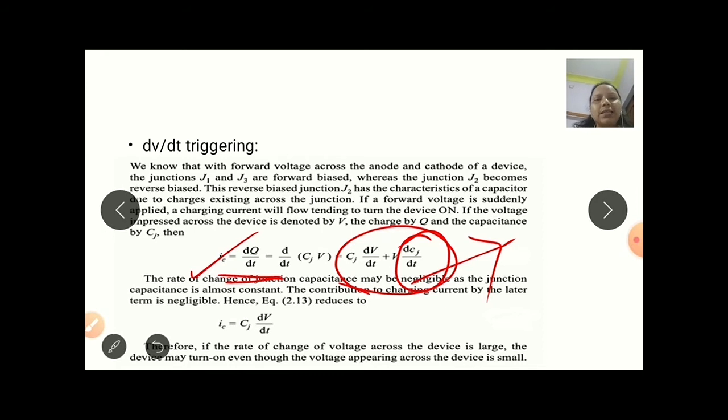So totally Ic depends on Cj into dV/dt. That means the charging current depends on the rate of change of voltage across the device.